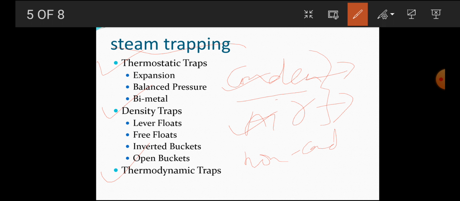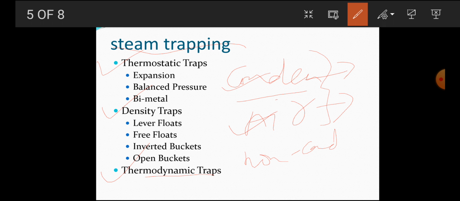Density traps sense the difference in density of the entering fluid. Thermodynamic traps sense the velocity difference of the entering fluid. If velocity is different, then based on that principle it acts. So these are the three traps.